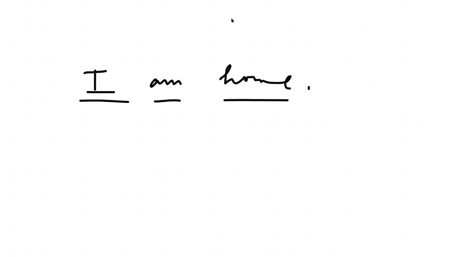So let's see, for example, you have a sentence, I am home. Basically, you tokenize it into 3 tokens.